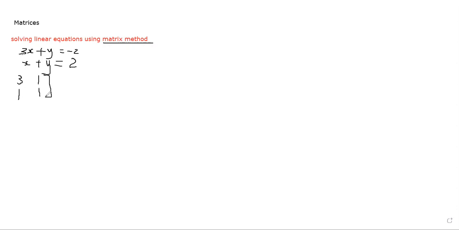Then you enclose that in brackets. And then we write the unknowns, the variables x and y, and put them in brackets. Then we put the equal sign, and then we write up is -2, down is 2.